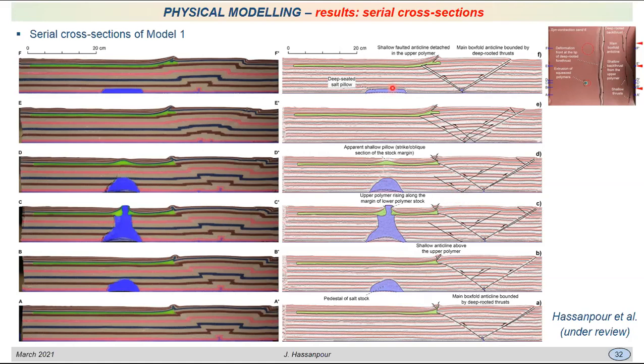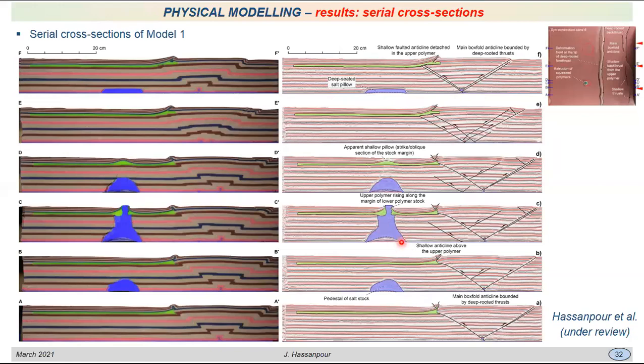So as you can see, in the case of the Model 1 cross section, we don't have any evidence of reactivation of the deep-seated pillow, which was at this part of the model.